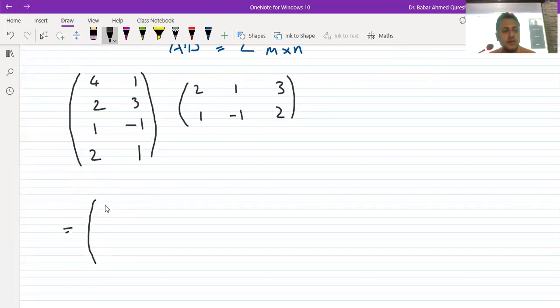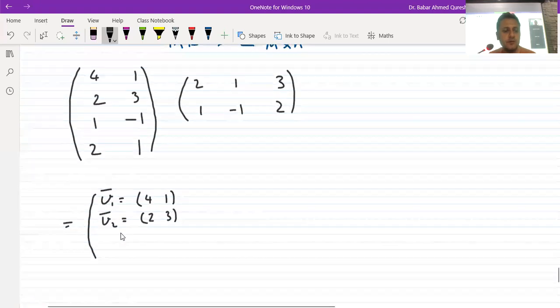So think of it as having these rows. Don't put any comma between them.